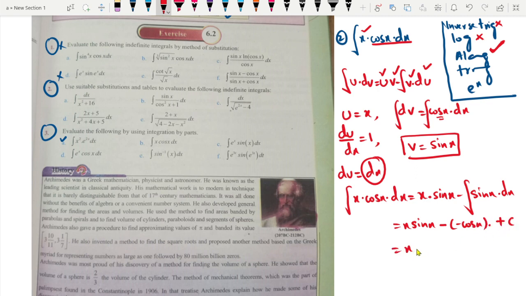So this will become x sin x plus cos x plus c. So this is our answer.